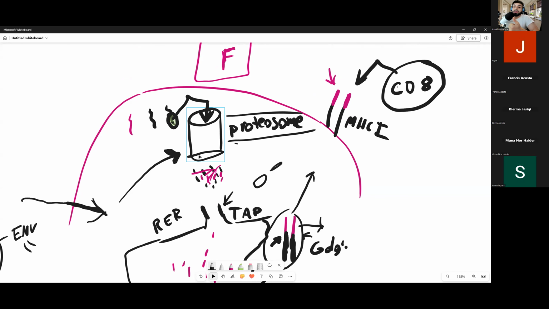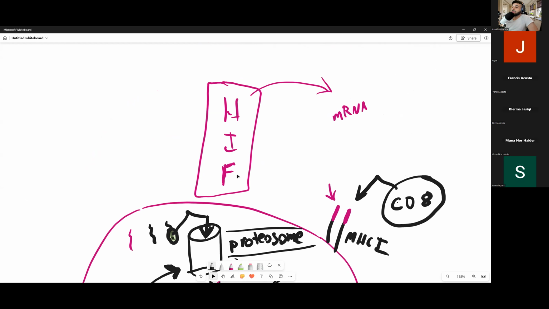But it also has an immunogenic response, a very important immunogenic response, in order to allow for the expression of MHC1 in the membrane. So, okay, that's perfect.